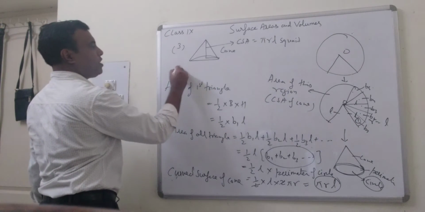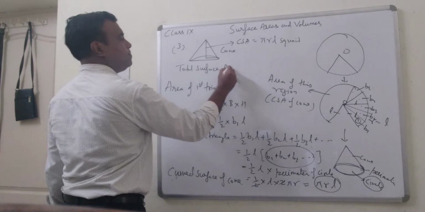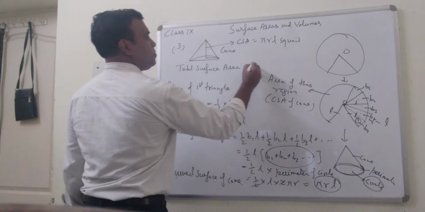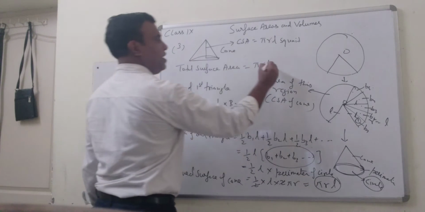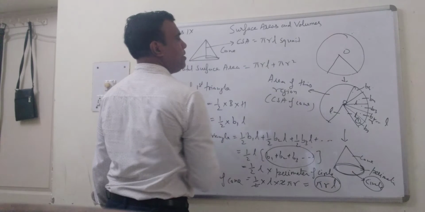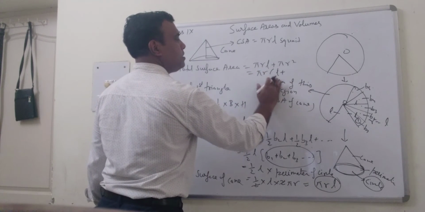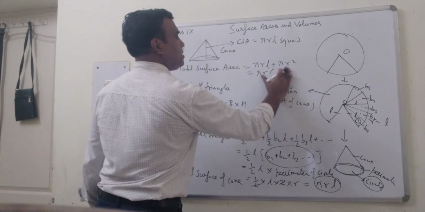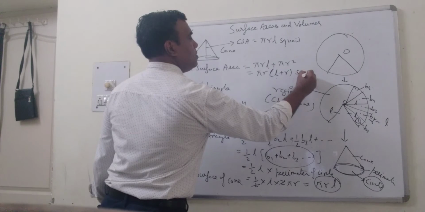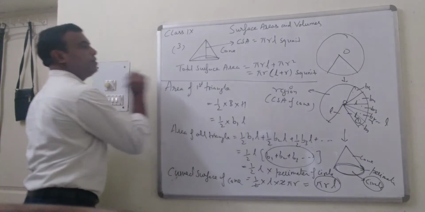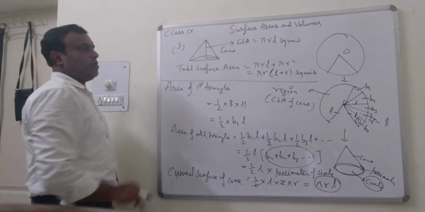The total surface area is pi r L plus the area of the base, which is pi r square. Take pi r common, it becomes pi r (L plus r) square unit. So this is the CSA of the cone, and this is the TSA of the cone.